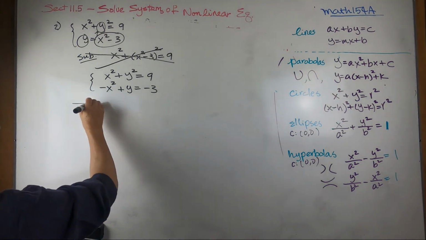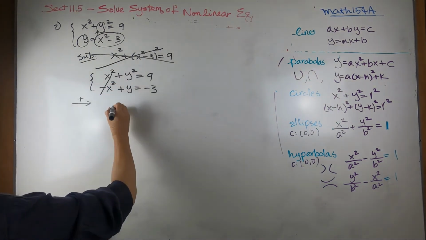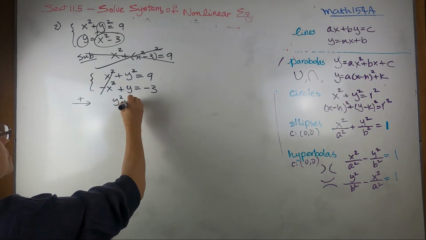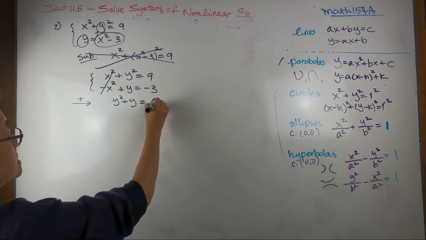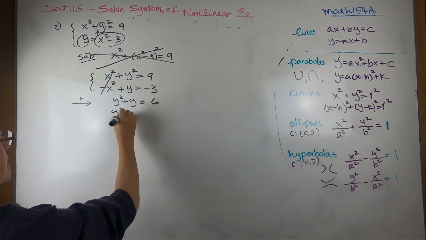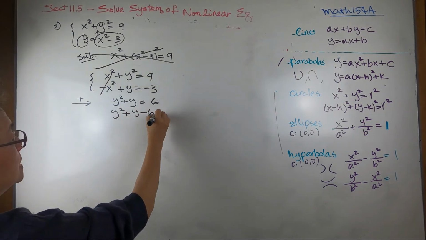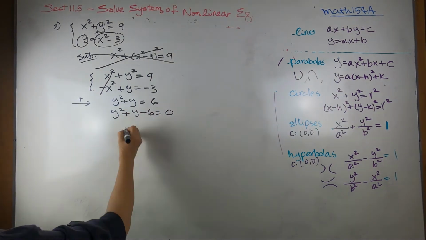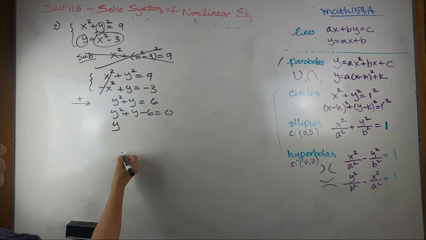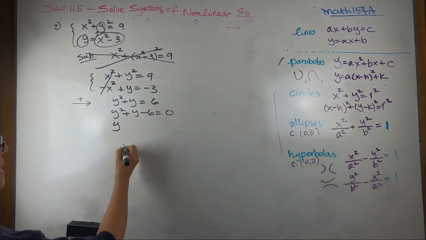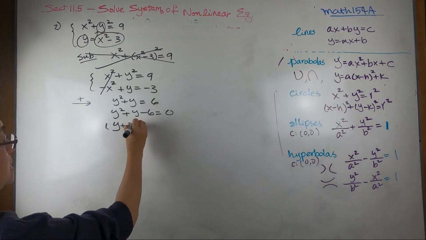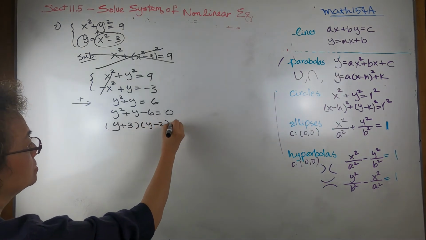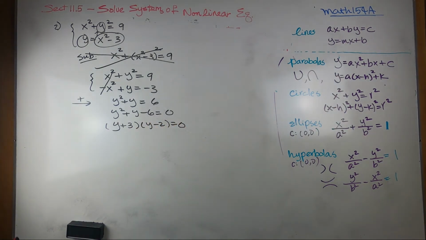So if we add them, then we have y squared plus y equals 6. Then we write it in standard form. That would be this. Then we factor it, right? It would be (y plus 3)(y minus 2) equals 0. Right? We try to solve it.